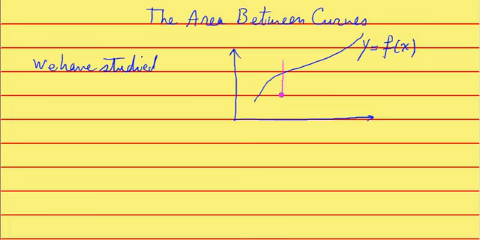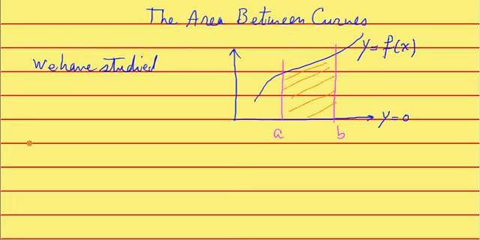Then you are given some starting point A and some ending point B, and down here is your other curve, which is the x-axis, which has equation y equal to 0. You are trying to find out the area limited by these curves. It just so happens that 3 of the curves are actually straight lines.